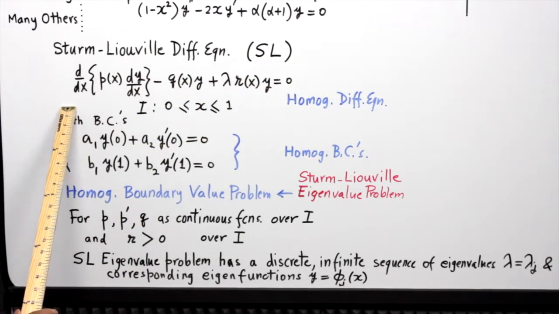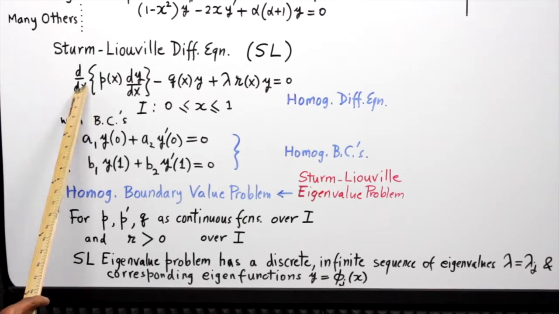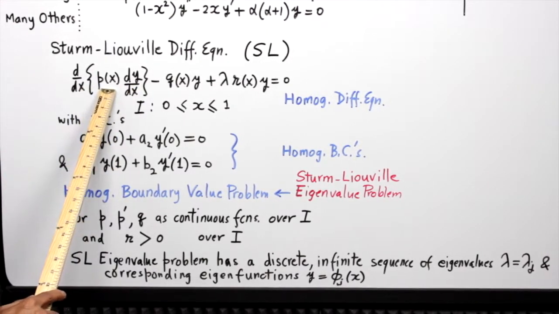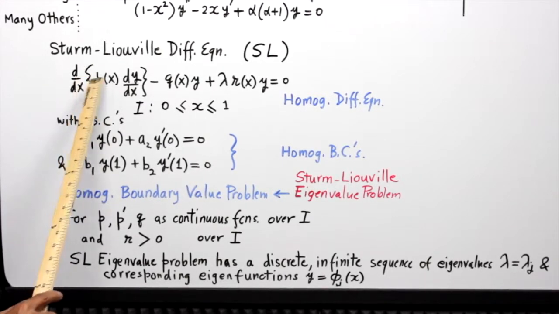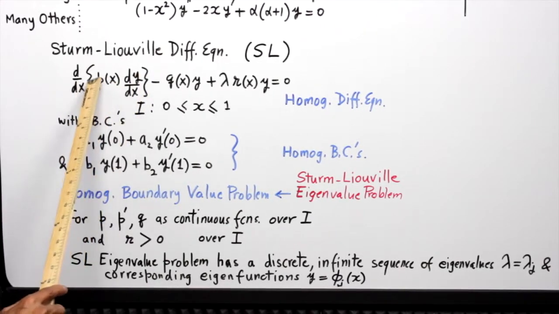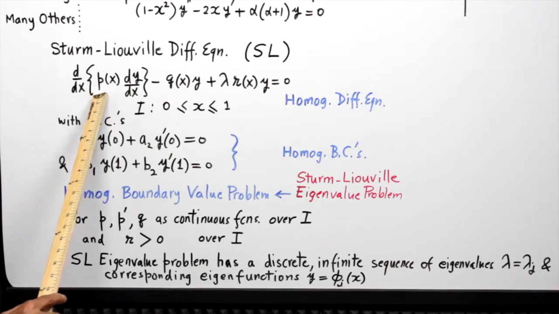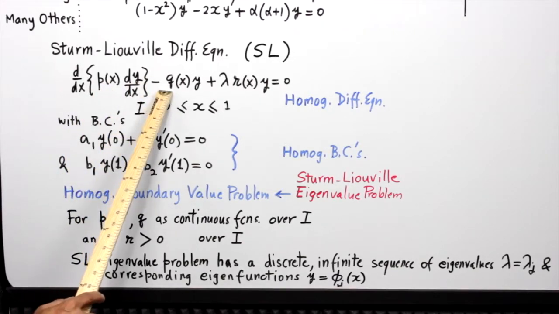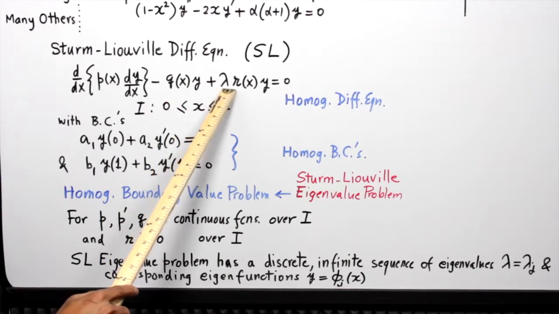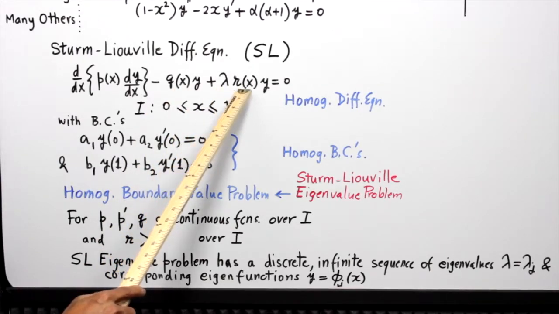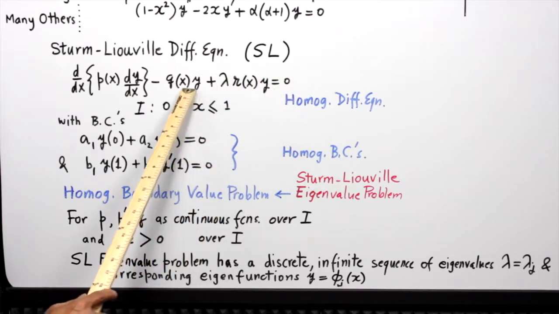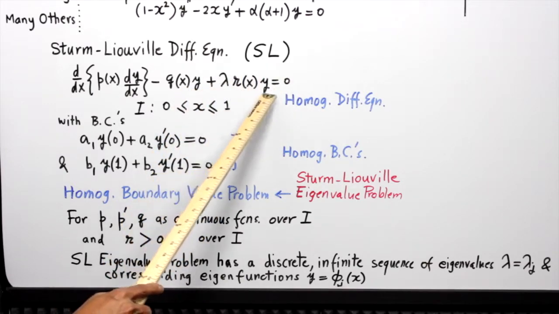That equation can be written in this form, where we have the second derivative term rewritten with function p(x) inside here: d/dx of p times dy/dx, in curly brackets, denoting that d/dx of this whole product is to be taken, minus q times y, plus lambda, which is a parameter, times another function r(x) times y, equals 0. Note that both of these terms depend on y.